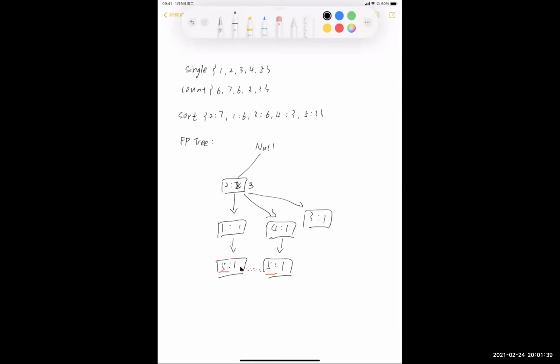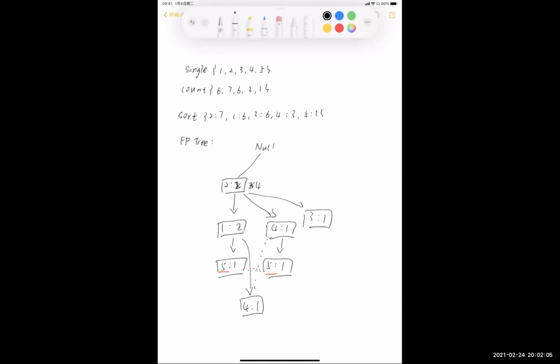We share the same 2, and we share the same 1. And for 4, we need to generate another node, which is 4. And there should be another link to this 4 node.